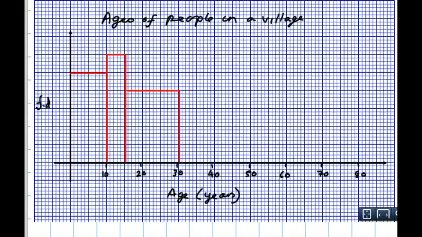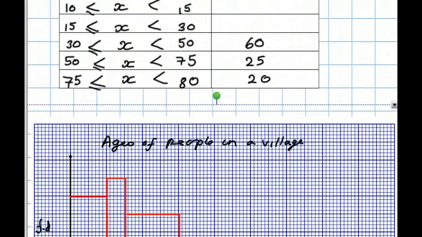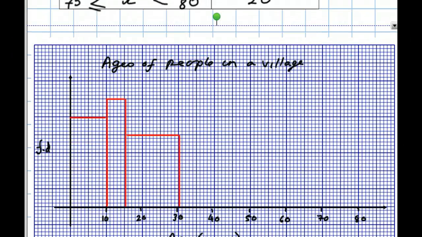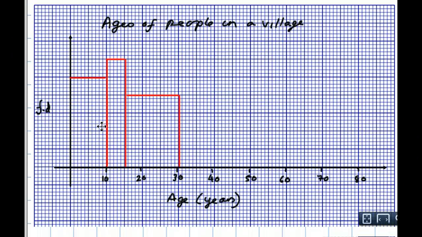Right, let's have a look then. If we go back to the hard data, we've got 50 people in the class 0 to 10. If I go to my histogram, I notice I haven't got a scale here for frequency density, but I know that this rectangle here must have an area of 50.